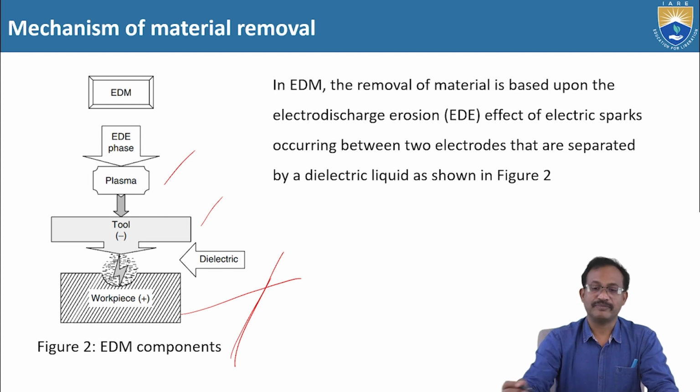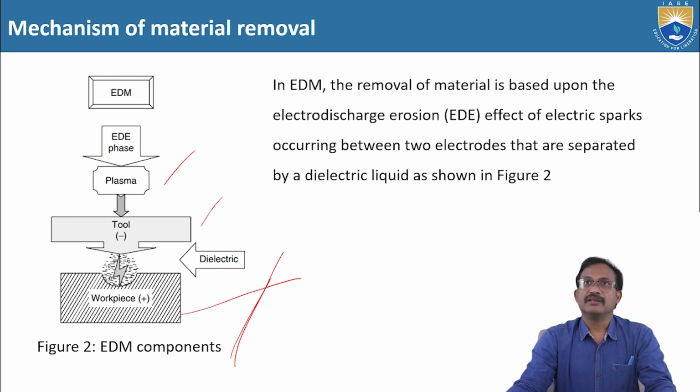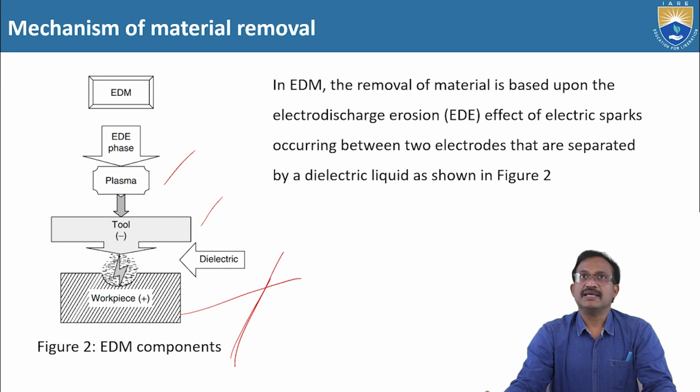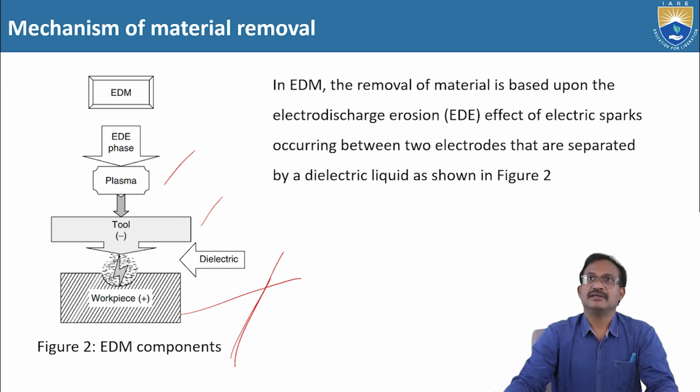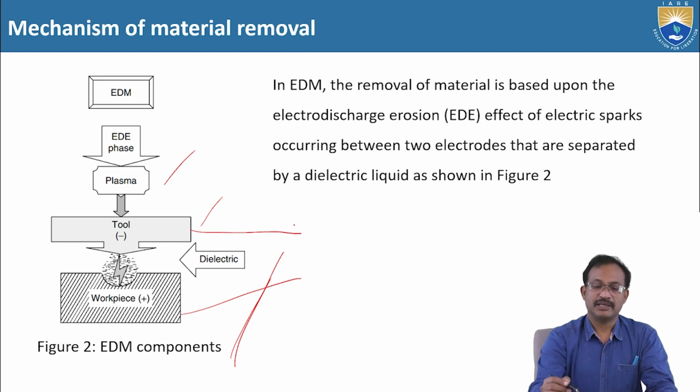Right. So from this figure 2, in EDM, the removal of material is based upon the electro-discharge erosion (EDE) effect of electric sparks occurring between two electrodes that are separated by a dielectric liquid. Okay, so this is the cathode, negative electrode.